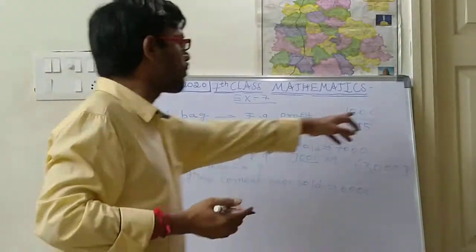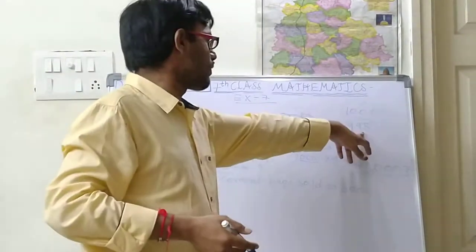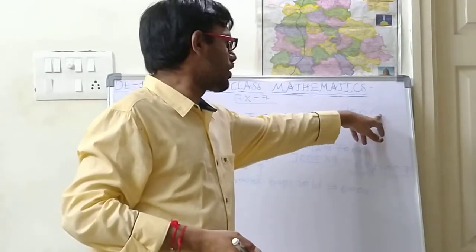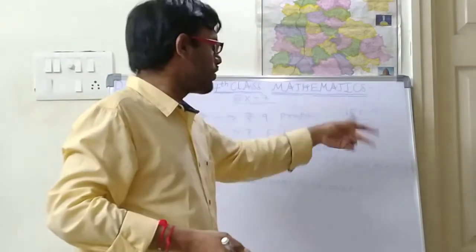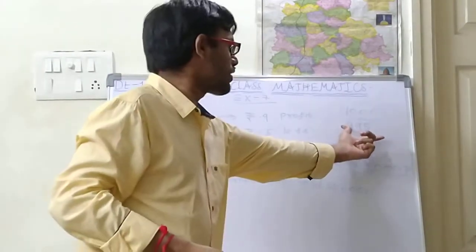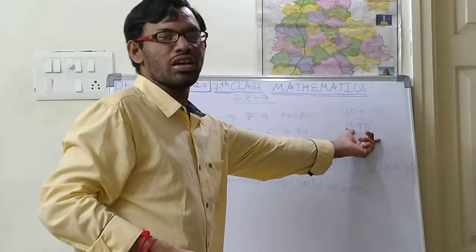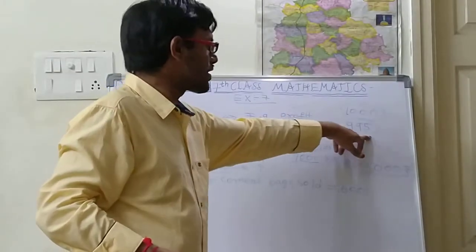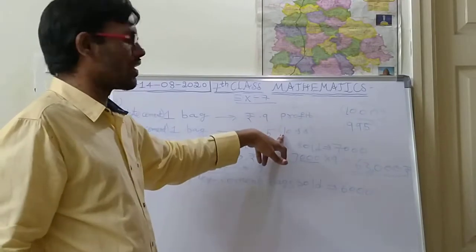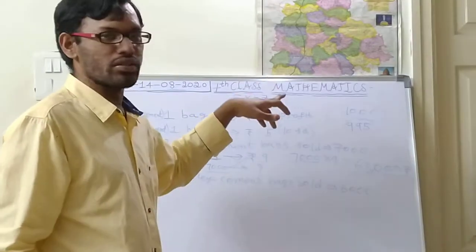That means they bought for 1,000 rupees, but they are selling for 995. Here 4 digits are there, here 3 digits. Which is bigger? 1,000, the 4-digit number, is bigger. That means this is the lesser number. So that's why they are losing 5 rupees for every bag.